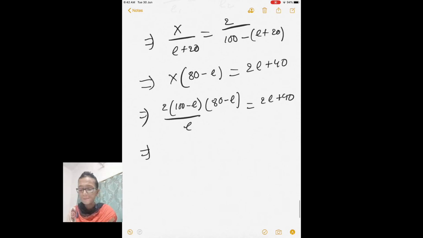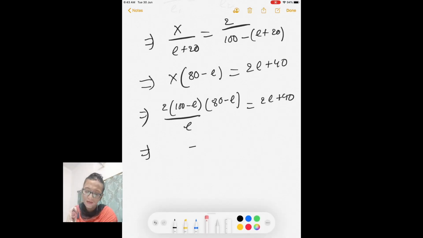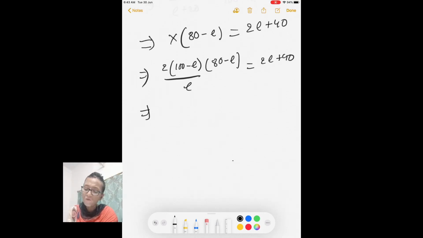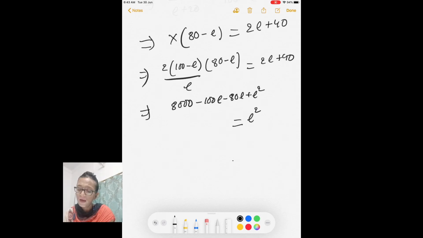So it implies that 200 minus... 2 can be cancelled from both the sides. It will be easier. So on cancelling 2 from two sides and on multiplying the two equations, 8000 minus 100L minus 80L plus L square is equal to, I have cancelled 2 from both the sides, L square plus 20L.